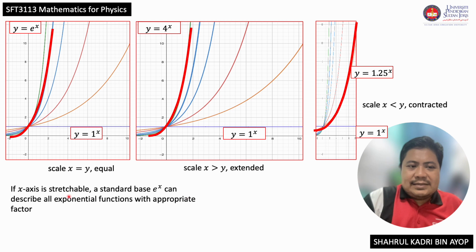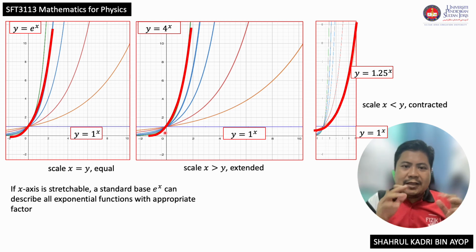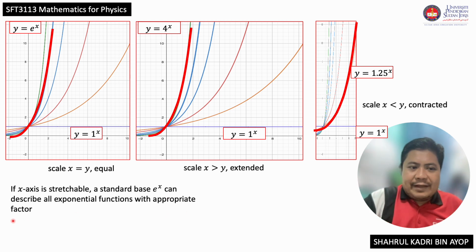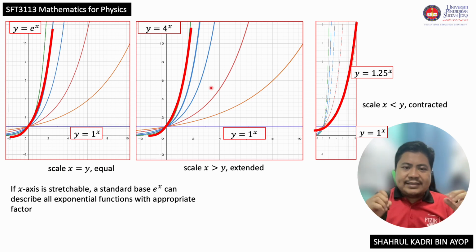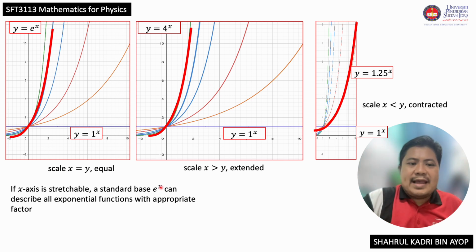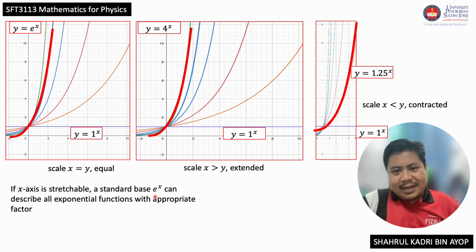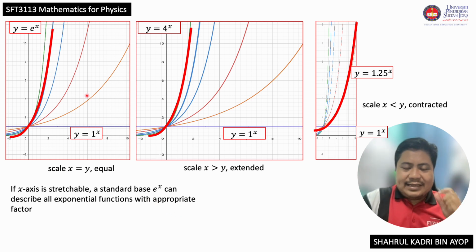This means that all of these exponential graphs can be represented by e to the power x. If we squeeze or stretch the x-axis, all of them can be represented by e to the power x multiplied by an appropriate factor. That's why e to the power x is special: it can represent all of the exponential functions.